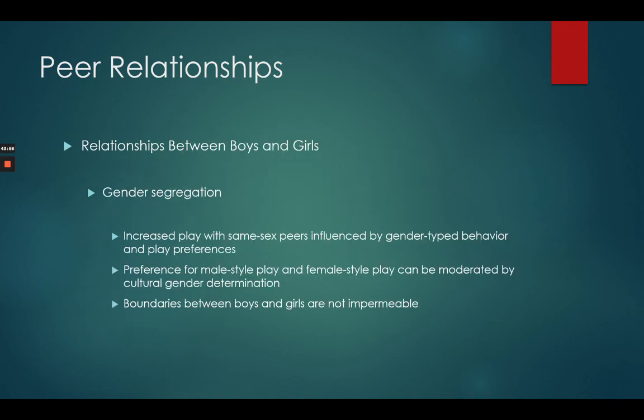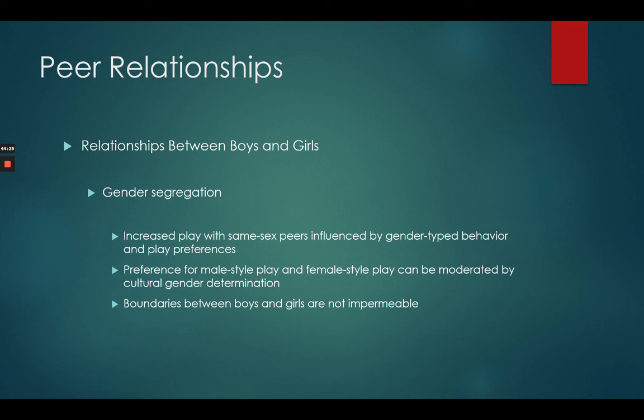In peer relationships in middle childhood, we see a lot of gender segregation, at least within our culture. This is something that can vary across cultures. But within American culture, there's the outbreak of cooties, right? So cooties, oh, I don't want to touch girl stuff. I don't want to do girl things. And vice versa, boy things.